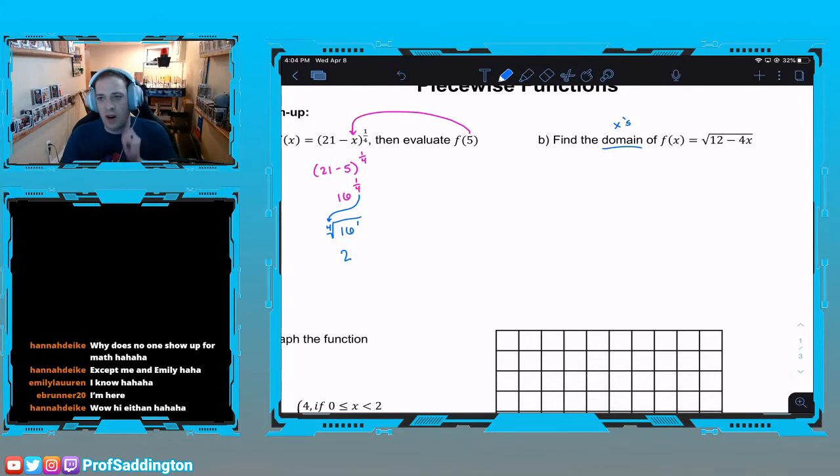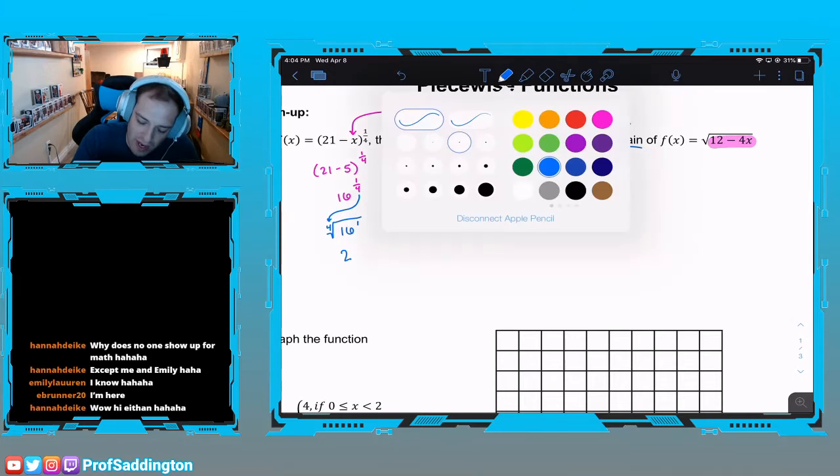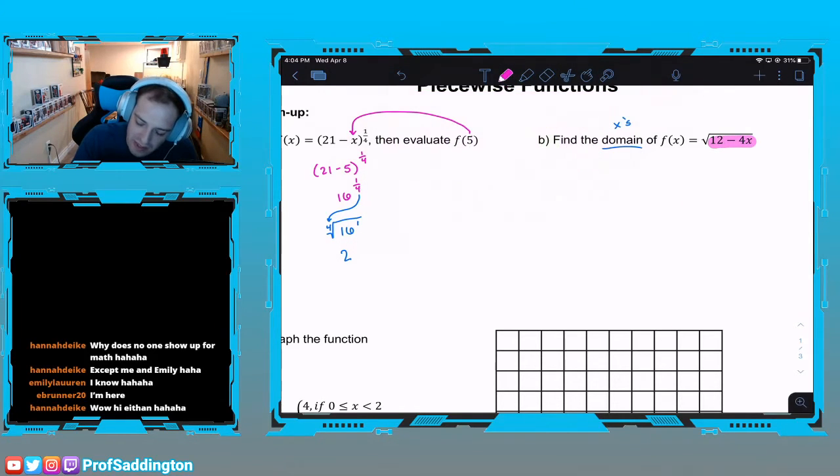So they want to know all the x's that will work in this radical, and we said the other day that you cannot have a negative under the square root. So we're going to focus on that 12 minus 4x. Since it cannot be negative, we need to say that it has to be larger than 0, because it has to be a positive number. Positive numbers are always bigger than 0.